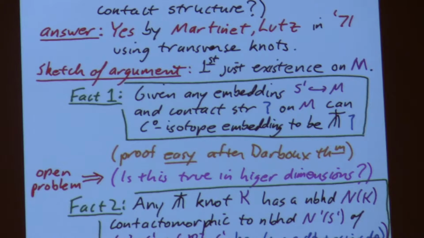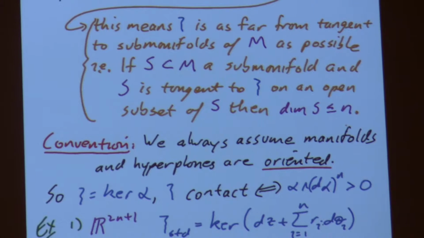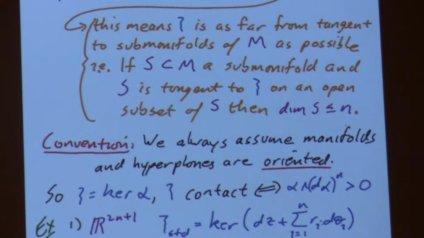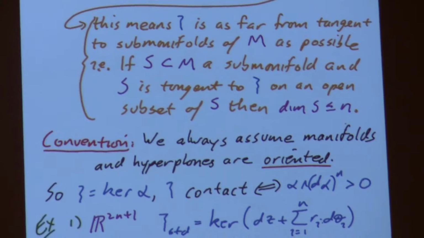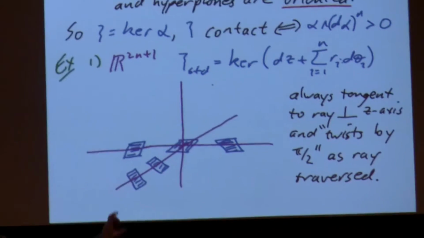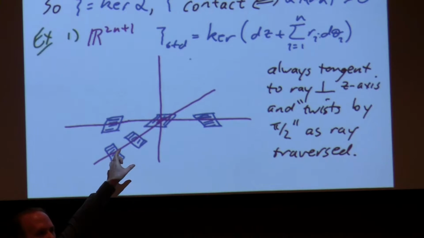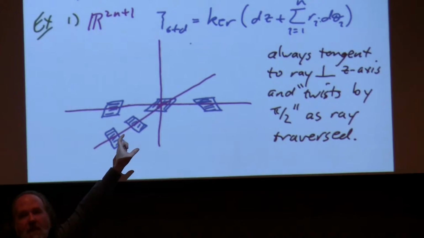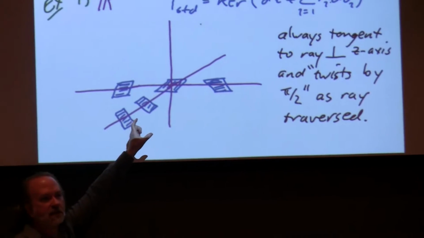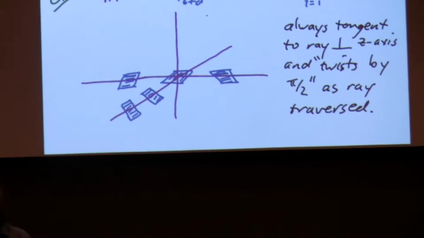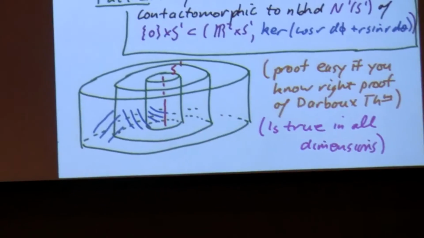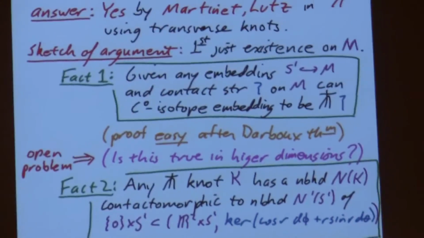So remember, Darboux's theorem said that every contact manifold looks locally like this picture. And so now if you have your knot, you can take a little segment of it and say it looks like it's sitting inside of here. And you can just explicitly, by hand, make it transverse to the contact hyperplanes. It's actually not very hard to do. There's many ways you can do that, actually. So this first fact is actually very, very easy in dimension 3.